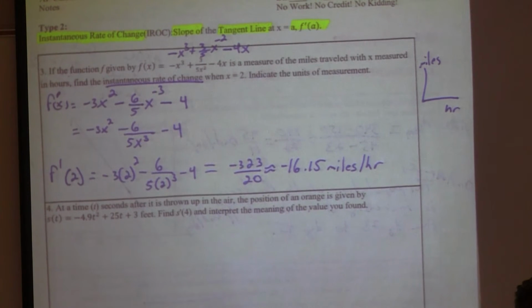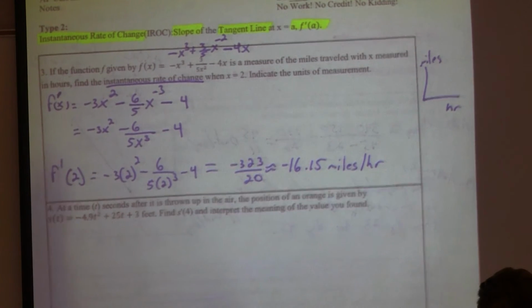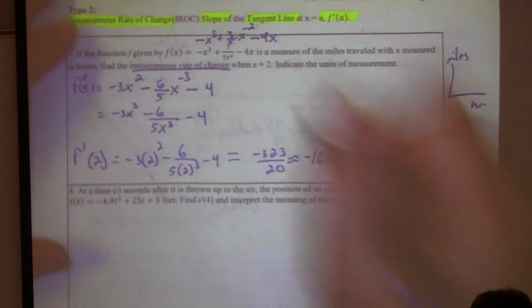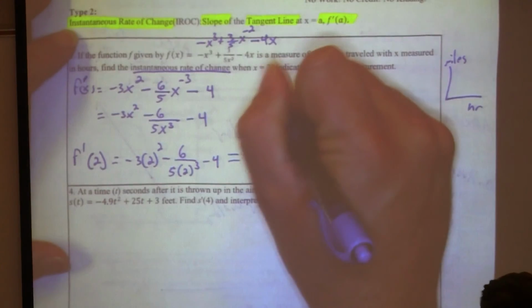Okay, so now what does that tell me? Can I interpret the meaning of this derivative? Is this an average? No. Well, actually, just at x equals 2. Good, that's a good start. So what does this mean?